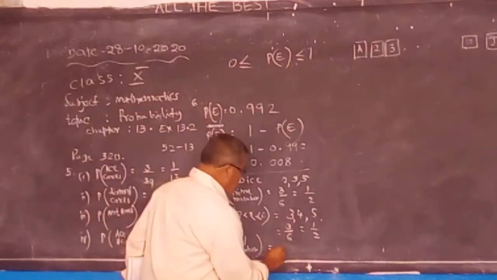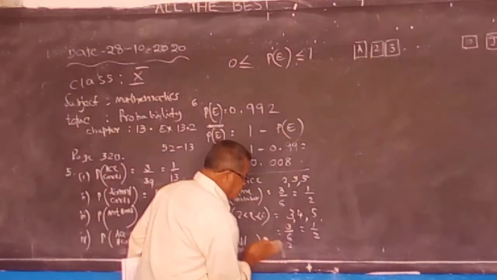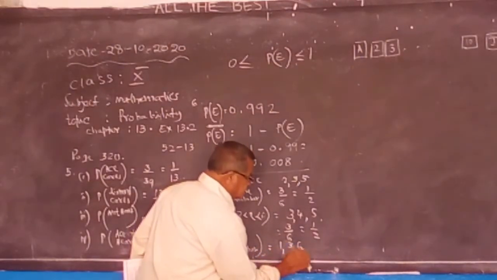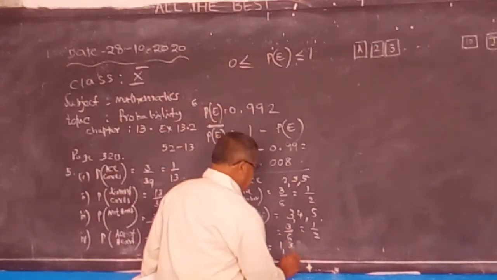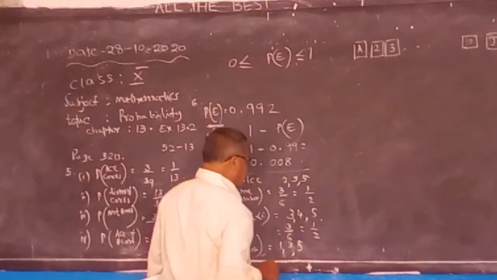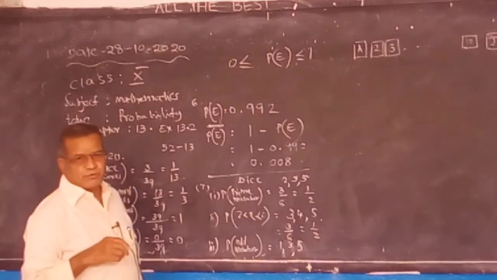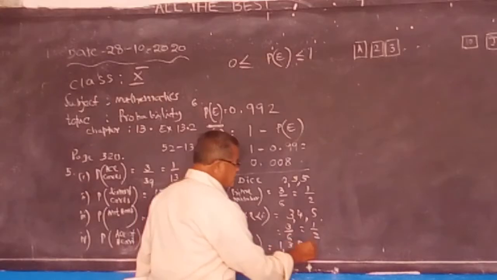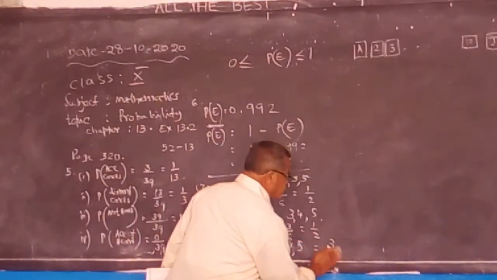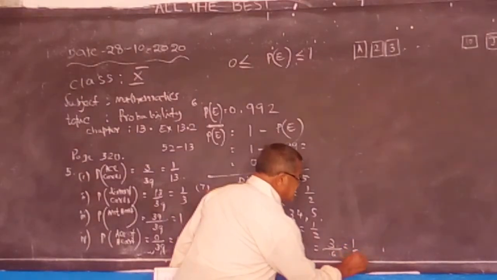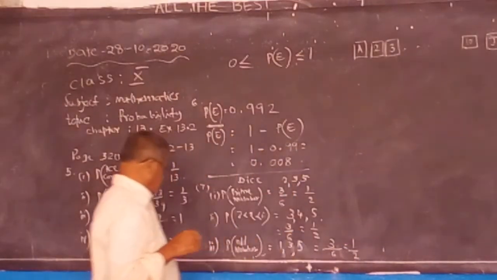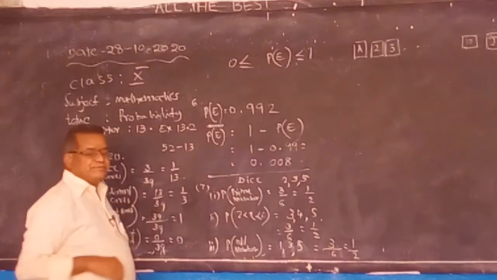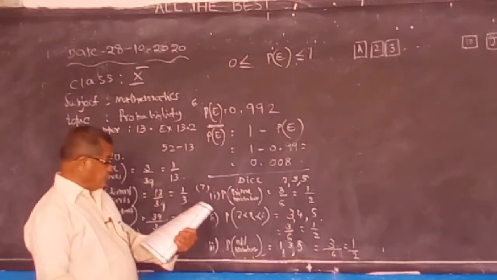Odd numbers are 1, 3, 5. 6 is an even number. So again 3 numbers. So favorable outcomes are 3. Total number of outcomes are 6. This is 1 by 2. So like this, we have to solve the problem.